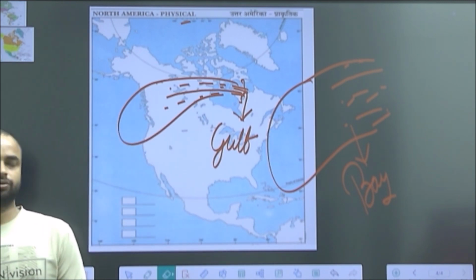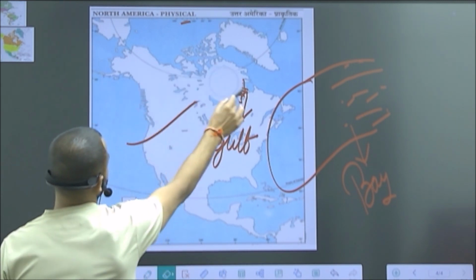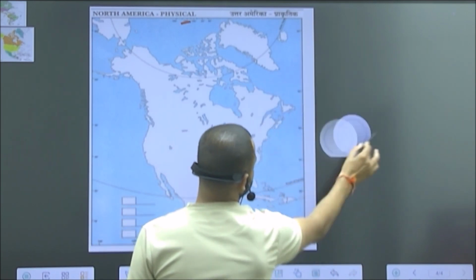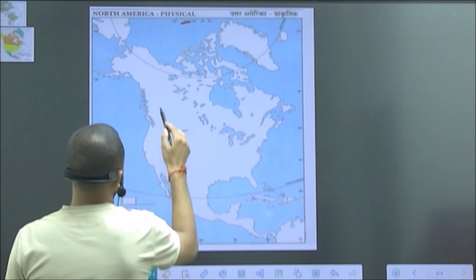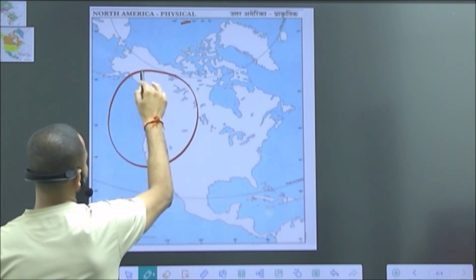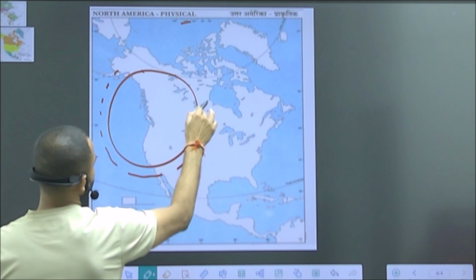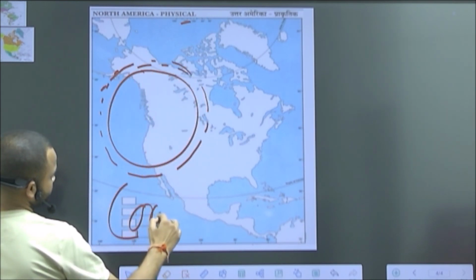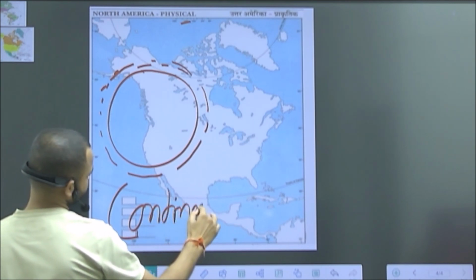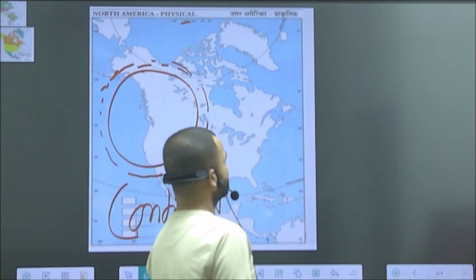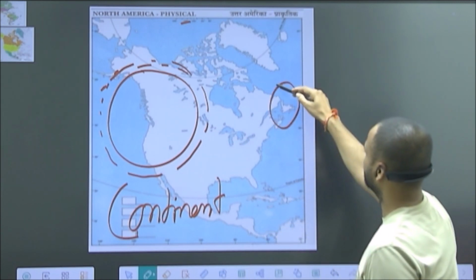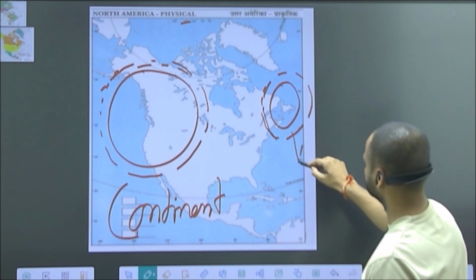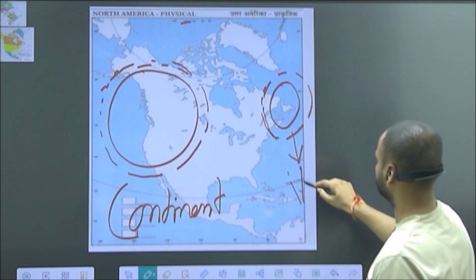Again, you should know the difference between continent and island. A larger landscape surrounded by water on all sides is called a continent. A small land area surrounded by water on all sides is called an island.